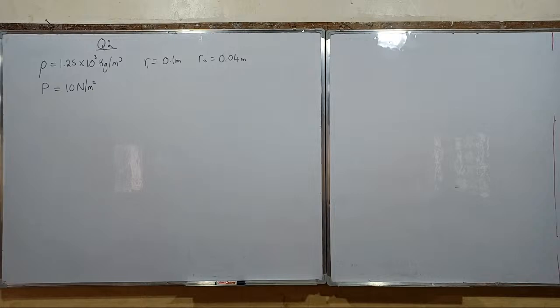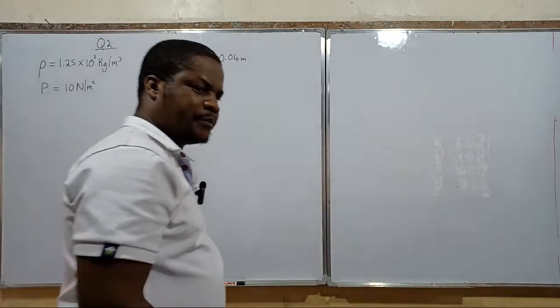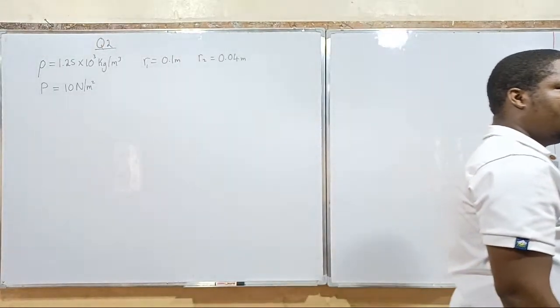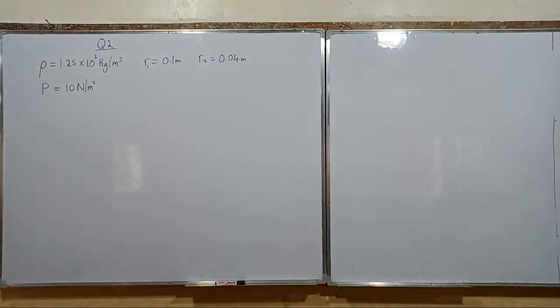Now, when we say the pressure drop, what does it mean? Pressure drop. Any idea? Reduced? Yeah, you can say reduced. But in this case, since we're saying the pressure drop is 10, or when someone says the temperature drop is 2, it means the difference between the two temperatures is 2.